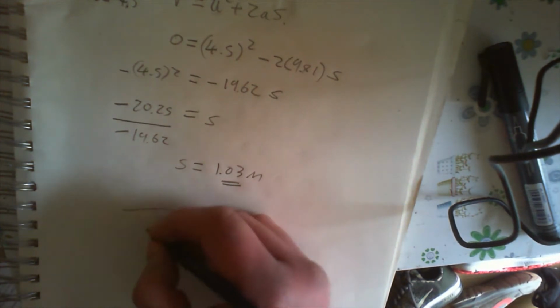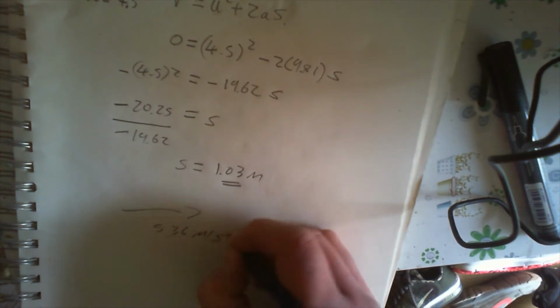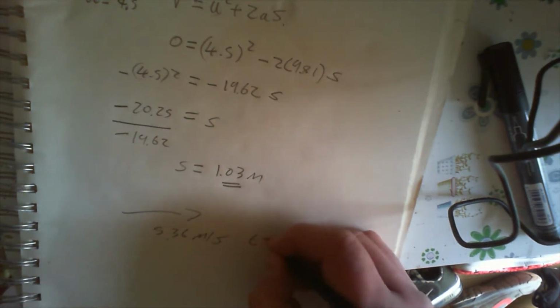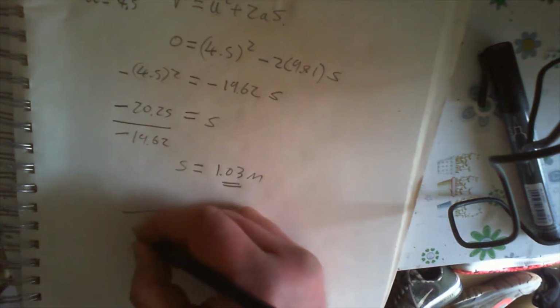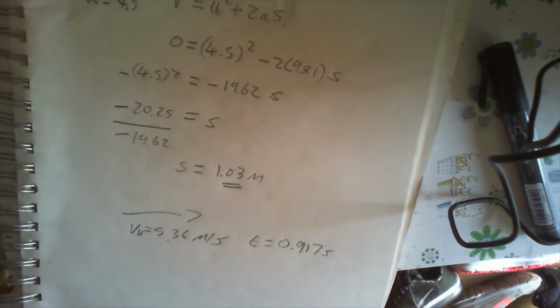So the horizontal velocity was 5.36 meters per second, and the time of flight was, what was it, 0.917 seconds.